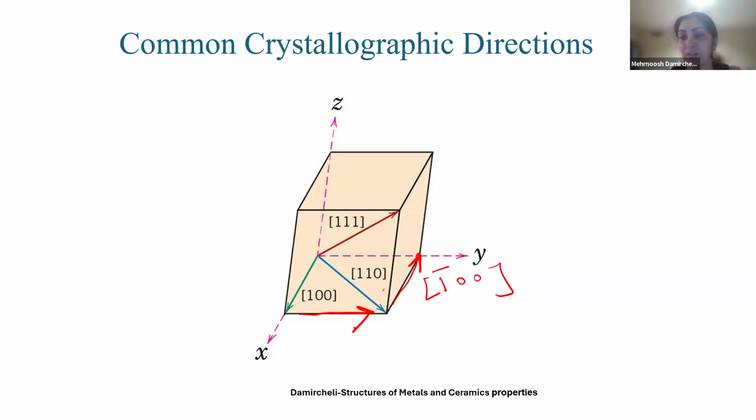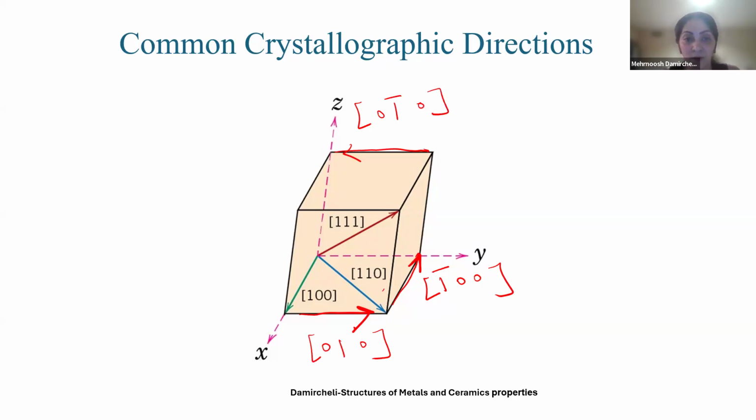All of these red ones that I'm showing you belong to the green one, in one family. I don't want to talk about 1, 1, 0 and 1, 1, 1 in this slide. What are these directions? No change in X, Y changes, and Z no change. Opposite direction of this is 0, minus 1, 0.